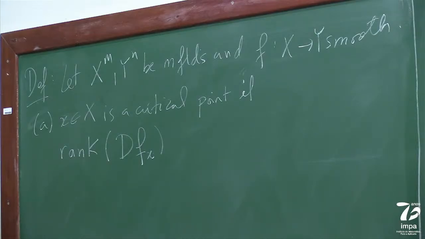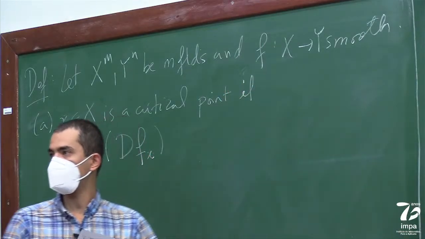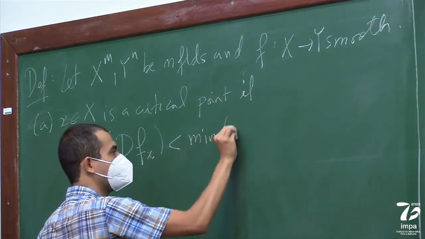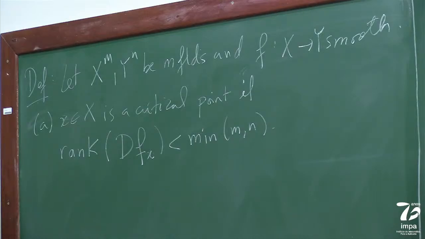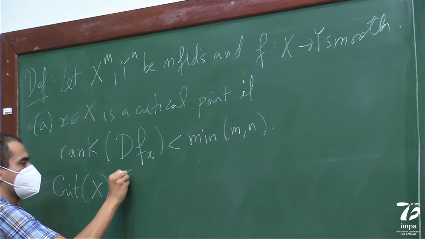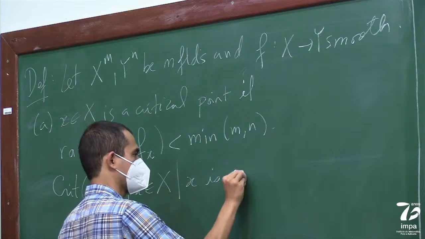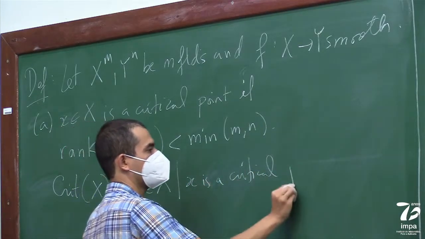The maximum rank that a derivative can have is the smallest of the two dimensions. So we say that it's a critical point if the rank is less than the minimum between m and n. And let's define the set of critical points of X to be the set of points which are critical.